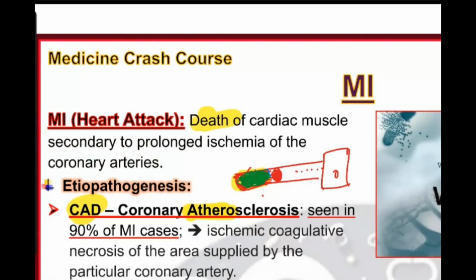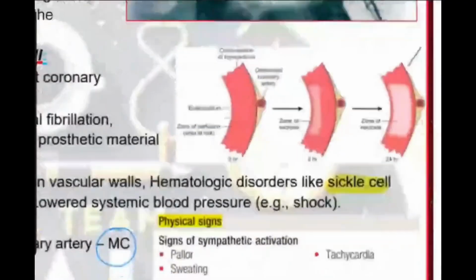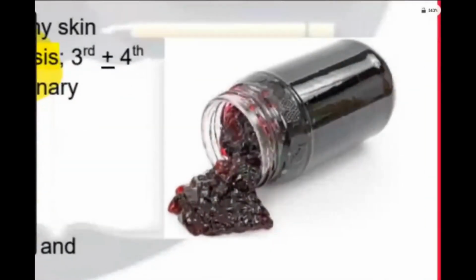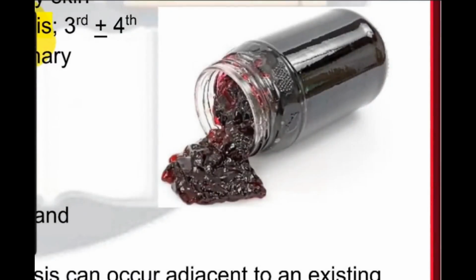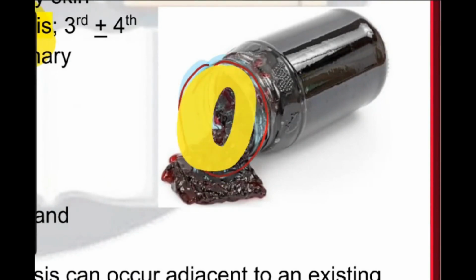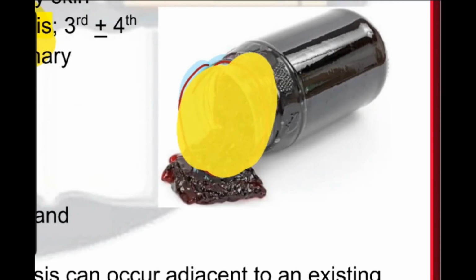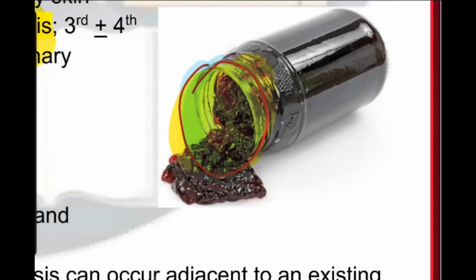So why does the death occur? Because of ischemia. Always remember, just look at this jar. It is like a cell. When we cover this jar with a lid, the contents of the jar will remain inside.